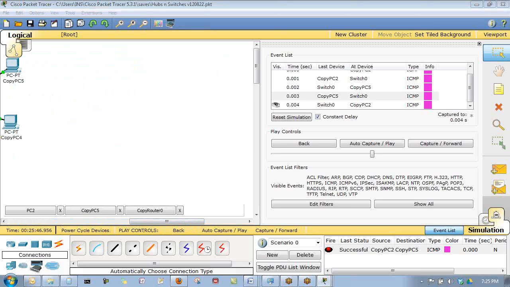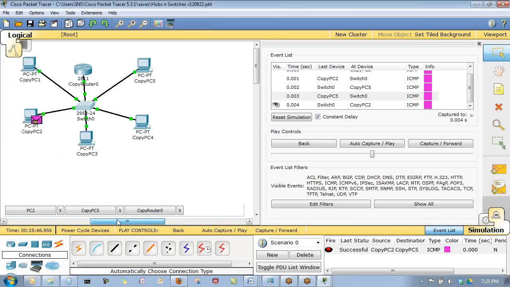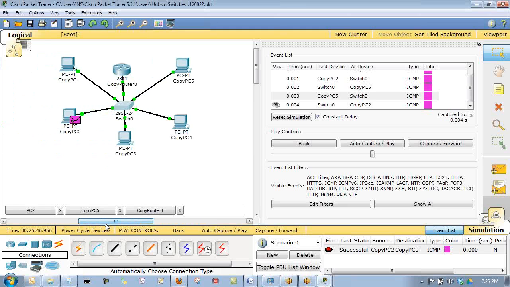Well, you don't have any collisions because it's able to read the MAC address. Your last one, you had 4 collisions. So with the switch, you're saying we don't have any collision domains, correct?